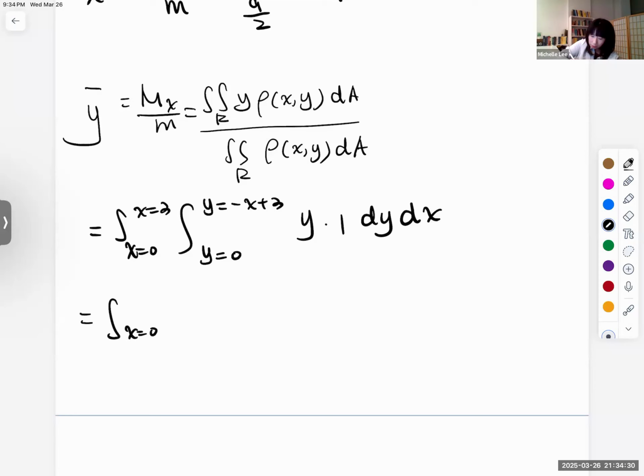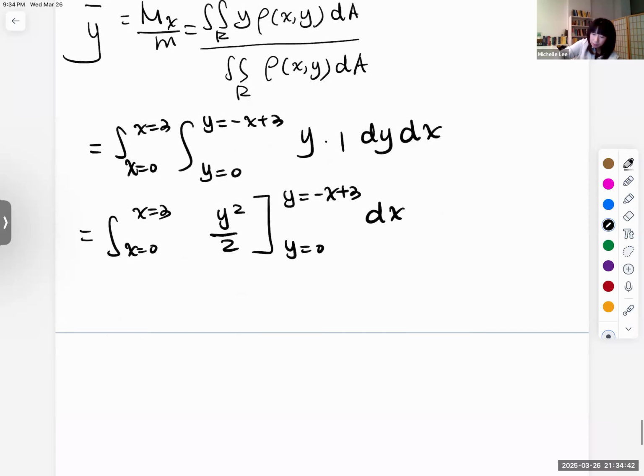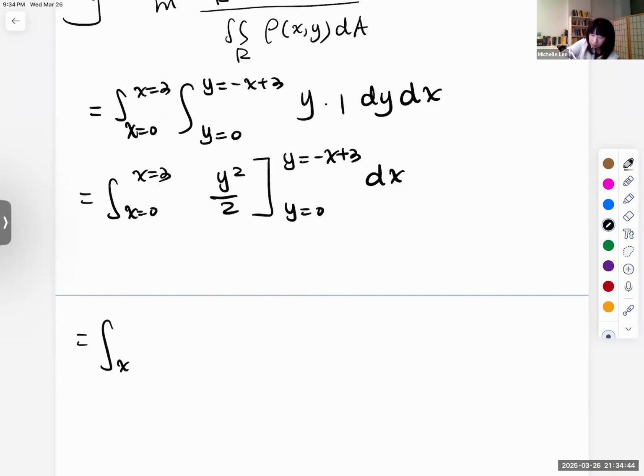Now we integrate with respect to y, dx, and then 1/2 times negative x plus 3 squared.